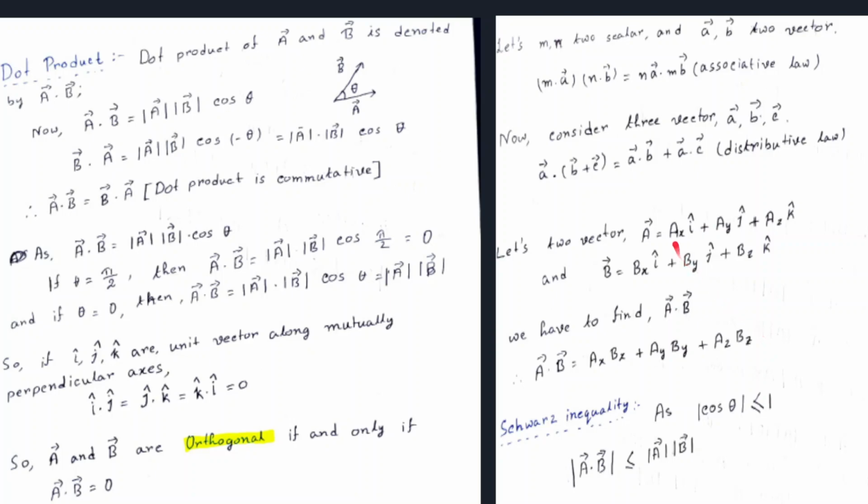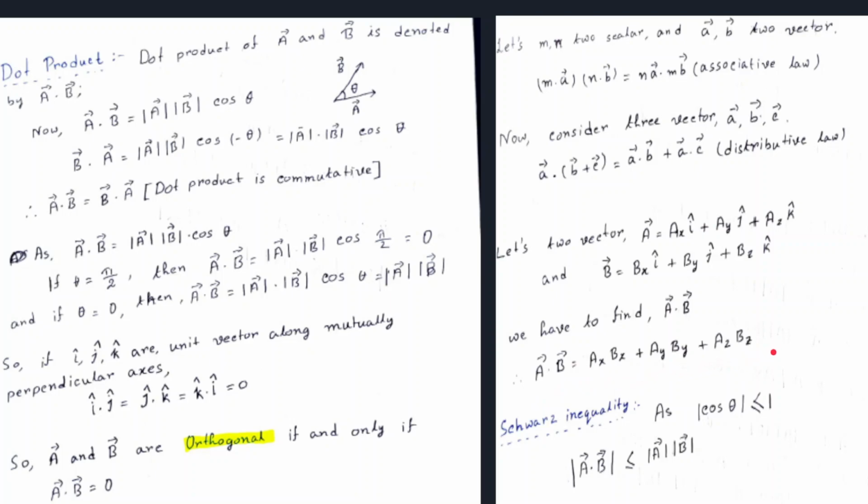Why? Because the terms i dot j, j dot k, k dot i are equal to 0, and i dot i is equal to 1, j dot j is equal to 1, k dot k is equal to 1. So we just have these terms, and the other terms will be cancelled out. So a dot b is equal to this.